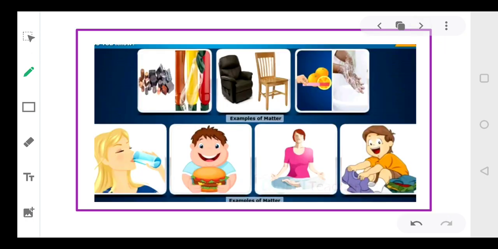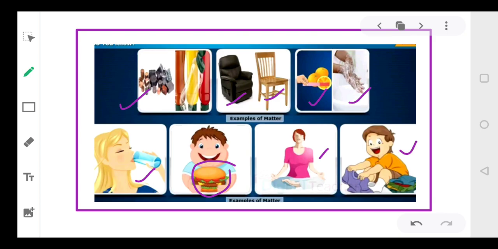Now just look at the diagrams. I have put some pictures on your slides. You can see clothes, a chair, a sofa, some lemon, a knife, someone washing hands, someone drinking water, a child with a burger, a girl meditating, and a child playing with new clothes.